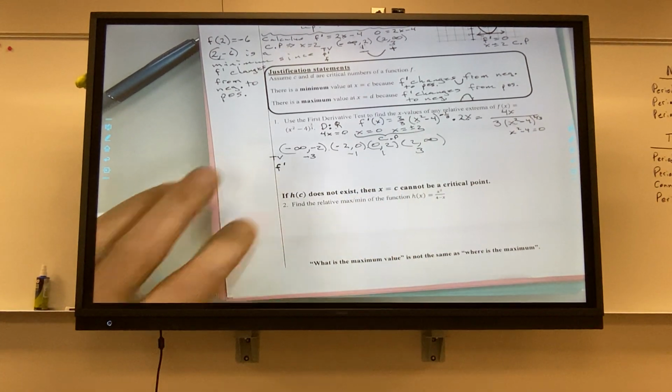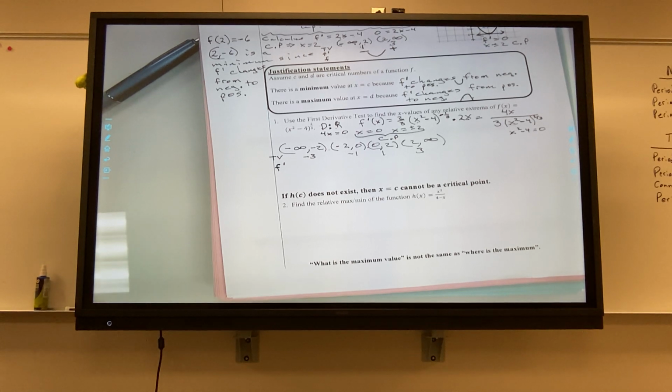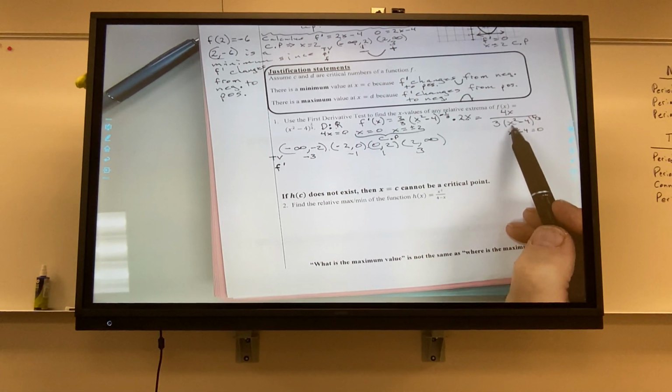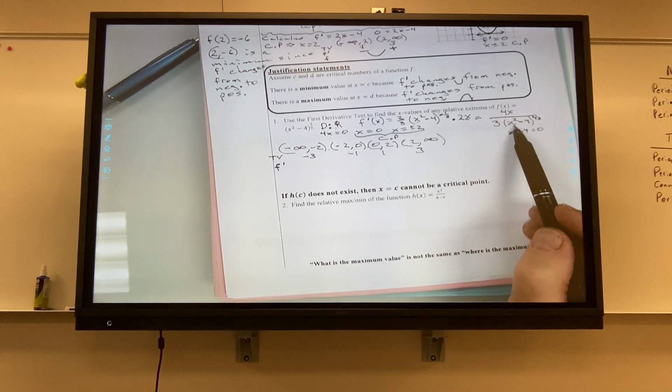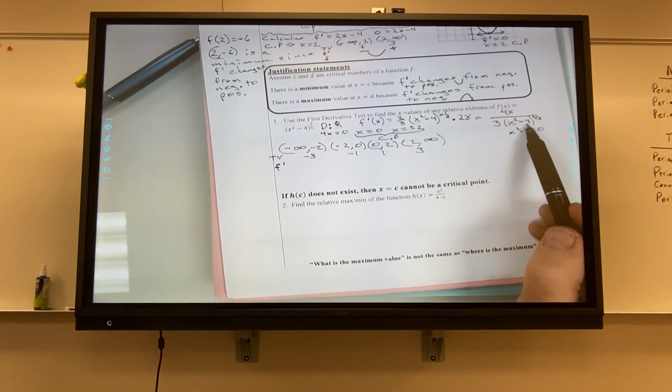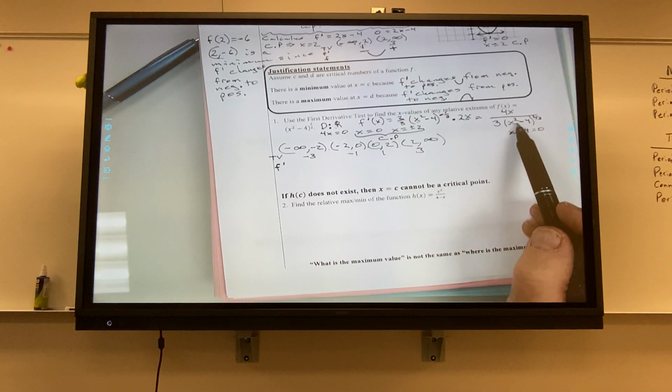Now, we can do a little bit of thinking here. We can make life really easy. If I put 3 and a negative 3 in here, won't it be positive? If I put a negative 3 here, won't you get 9 minus 4? And that's a positive number. Whatever else you do to it, it's going to stay positive.